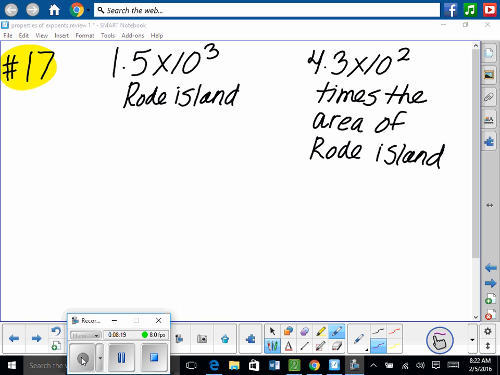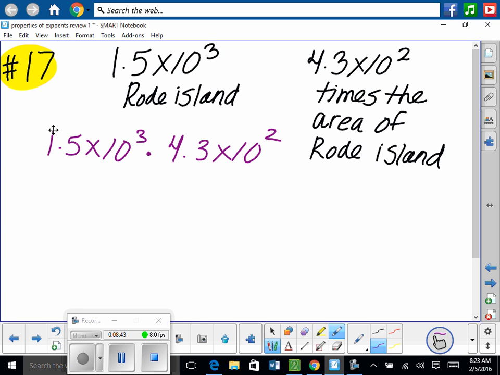So we know that Rhode Island has this area, and then Alaska is 4.3 times 10 to the 2nd power times greater than Rhode Island. So to figure out the area of Alaska, we know it's 1.5 times 10 to the 3rd, and then we're multiplying that by 4.3 times 10 to the 2nd power. So from here, I would not suggest typing it into your calculator.